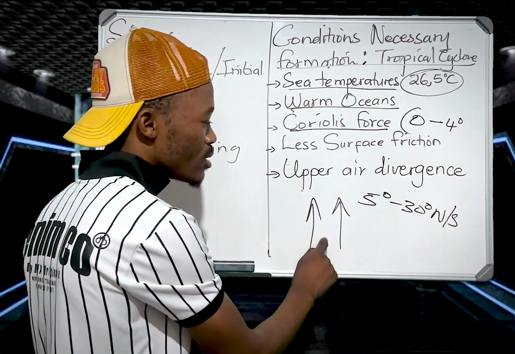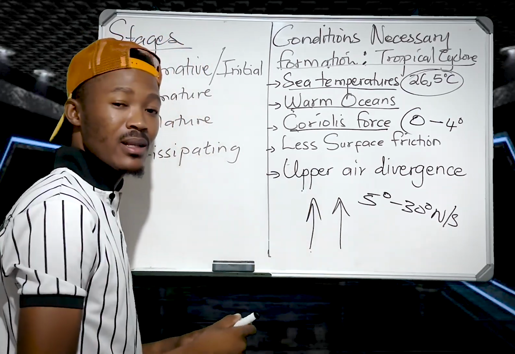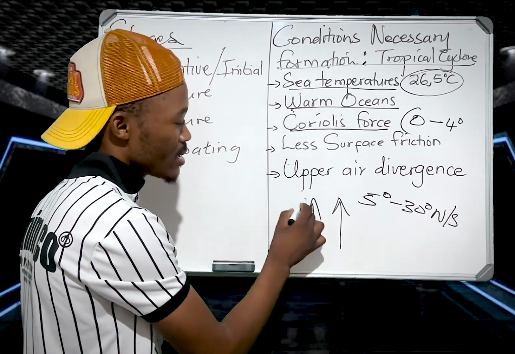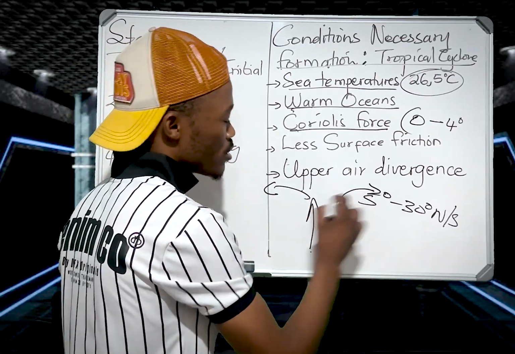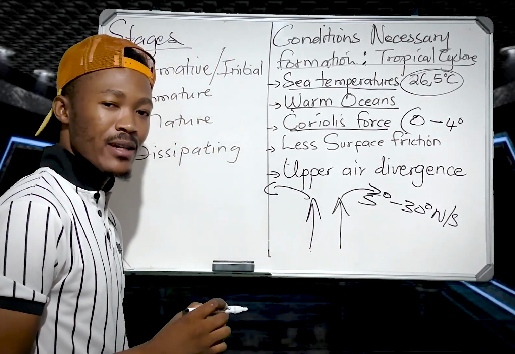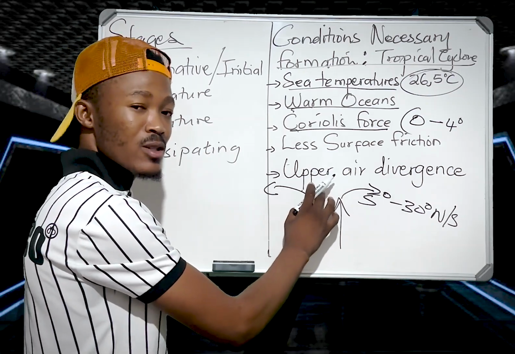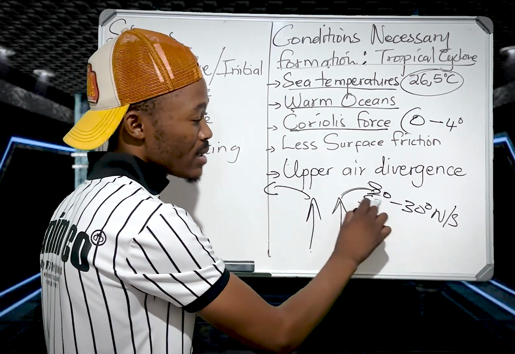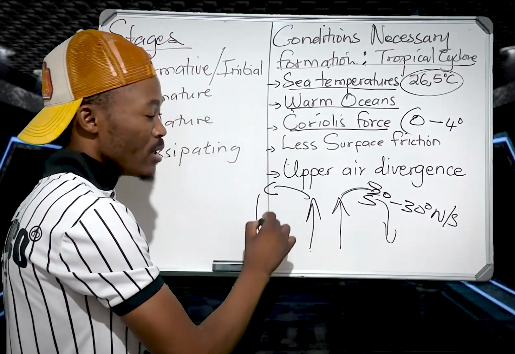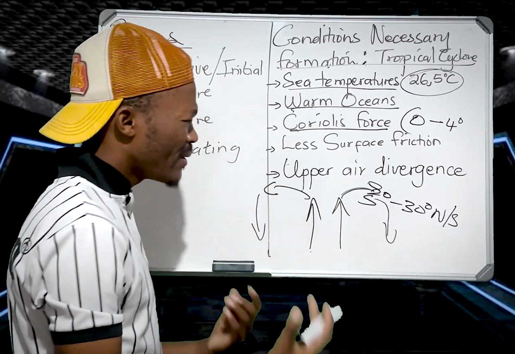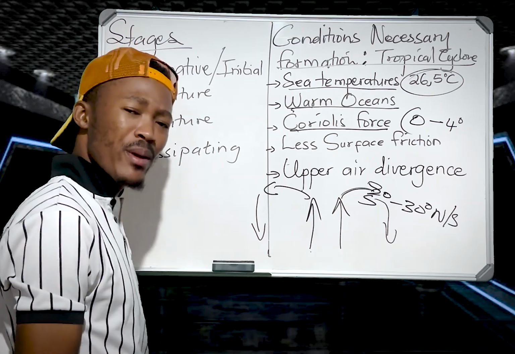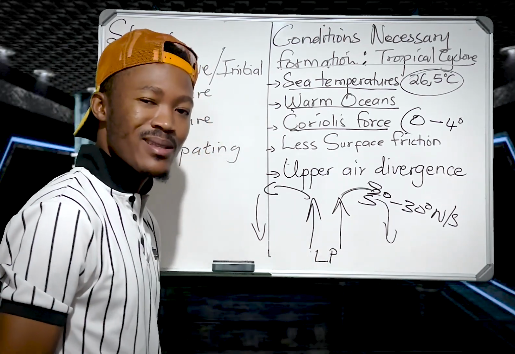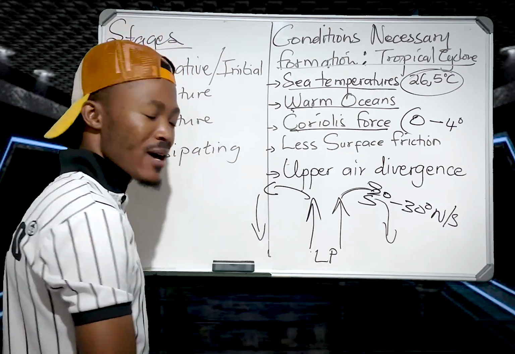So this air, as it continues to rise higher and higher in the atmosphere, reaches a level higher in the troposphere, and as a result, it starts to diverge. Where it diverges, this same air will cool down and as a result start to sink back towards the surface, undergoing adiabatic heating to make sure that it maintains the low pressure system at the surface.